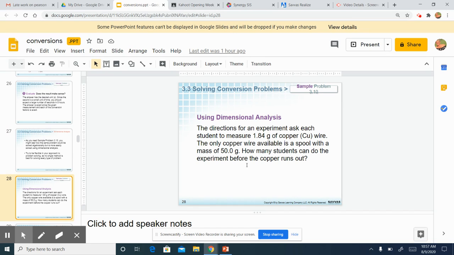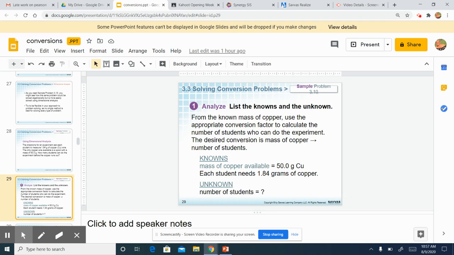So we've got 50 grams total, and each student needs 1.84. From the known mass of copper, use the appropriate conversion factor to calculate the number of students who can do the experiment.